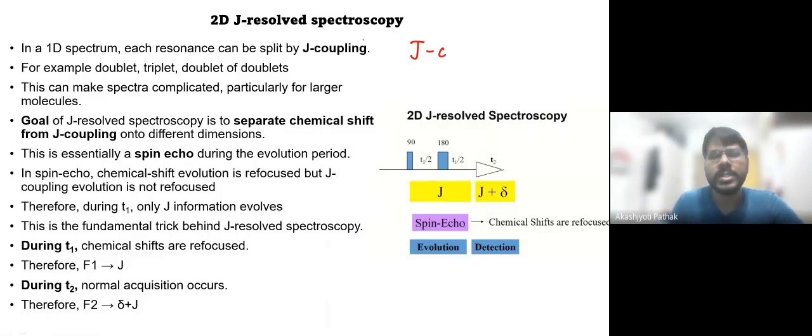In 2D J-resolved spectroscopy, the basic idea is that you are separating the J coupling information from the chemical shift information.